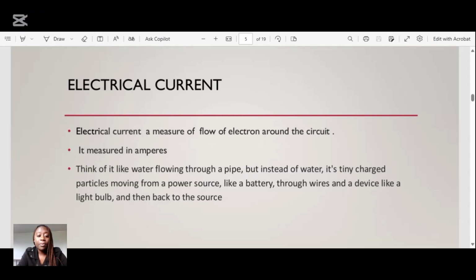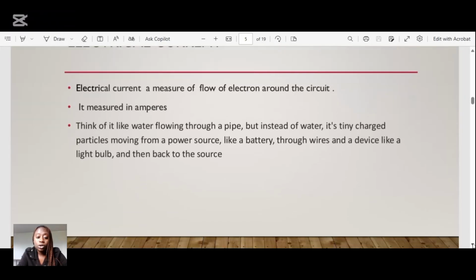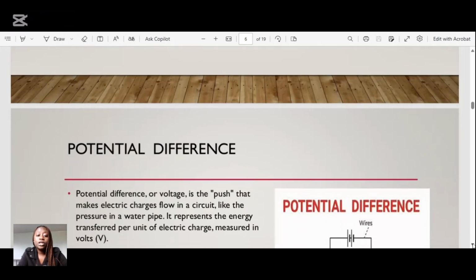Water flows through the pipe from one room to another, whereas electrical current flows from one object to another. Think of it like water flowing through a pipe, but instead of water, it is tiny charged particles moving from a power source like a battery through the wire and a device like a light bulb, then back to the source.